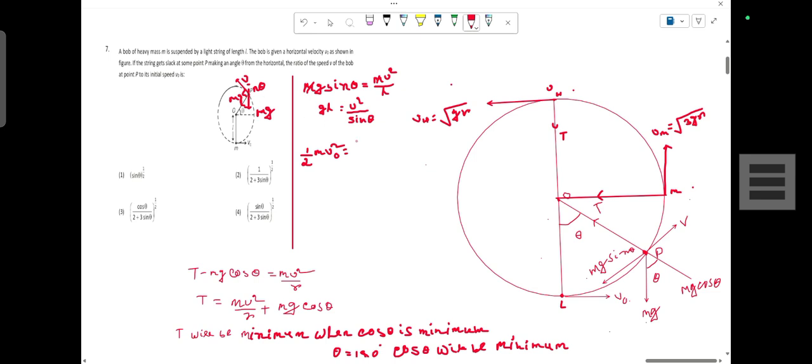That is half m v square plus m g h, where h will be L plus L sin theta.